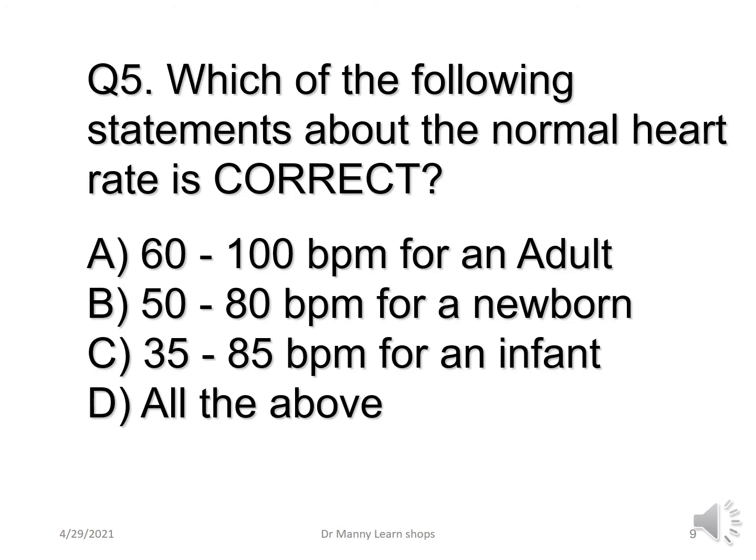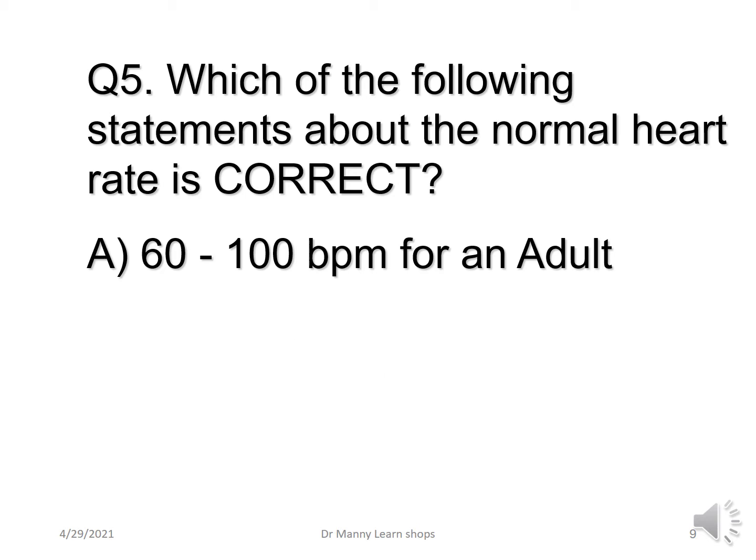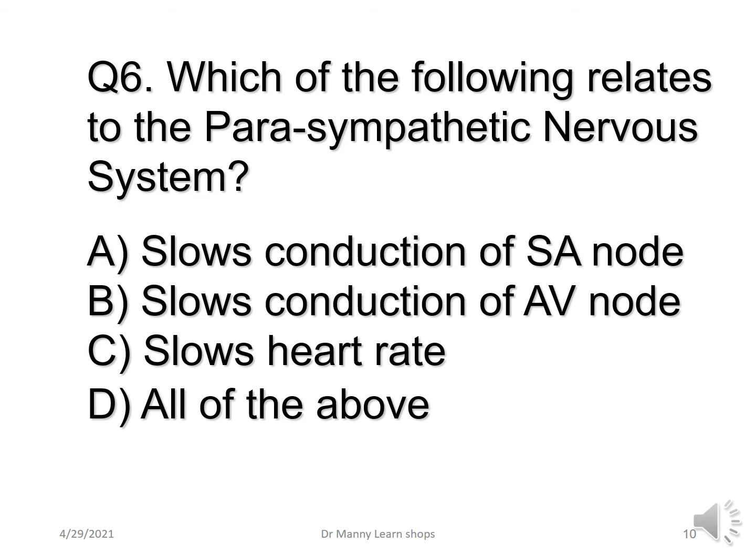Which of the following statements is correct about normal heart rates? A, B, C or D? The correct answer is 60 to 100 beats per minute for an adult. With the parasympathetic nervous system, which of the following relates to it? A, B, C or D?